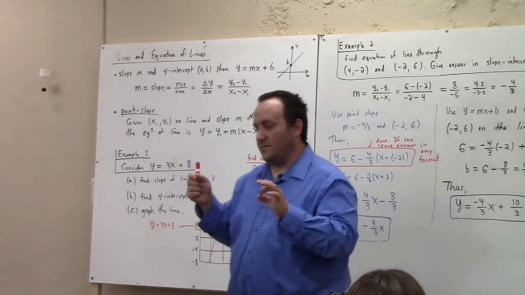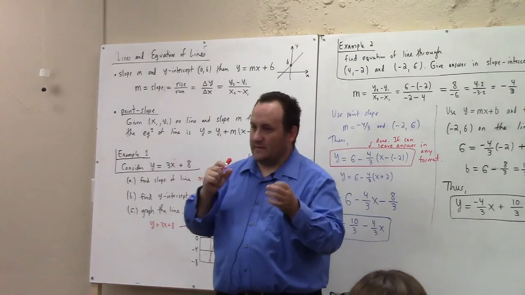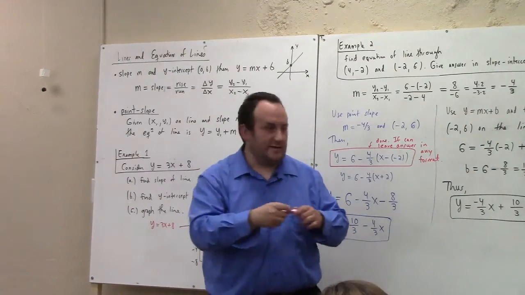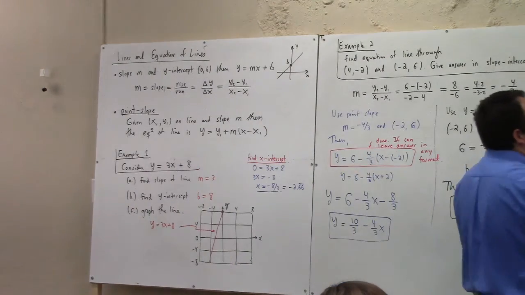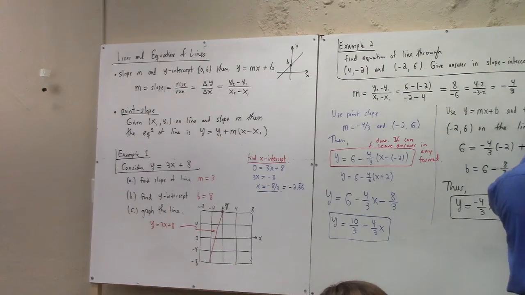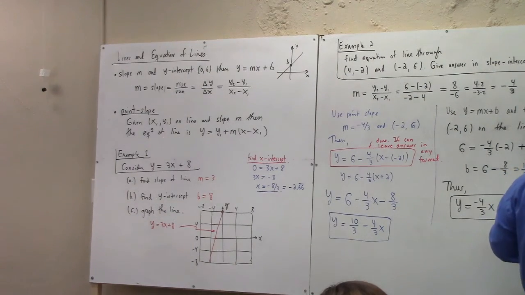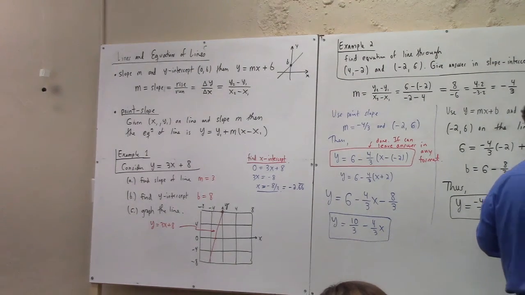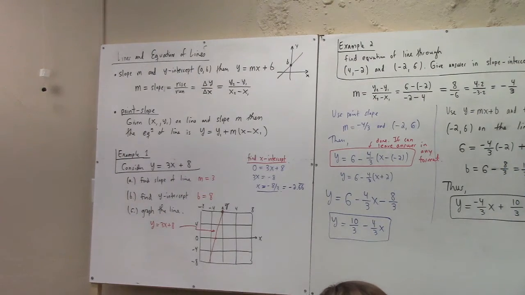But another way you can plot a line is using the slope and going step by step, like imagining little triangles. So one of the points on the line is 6, right? 6 is the y-intercept, right? So the slope is what? Slope equals 3, right?